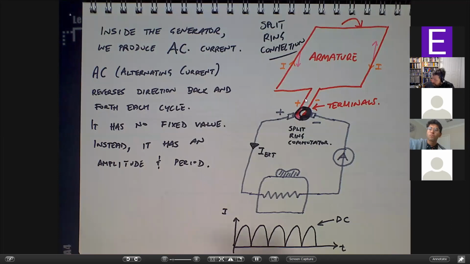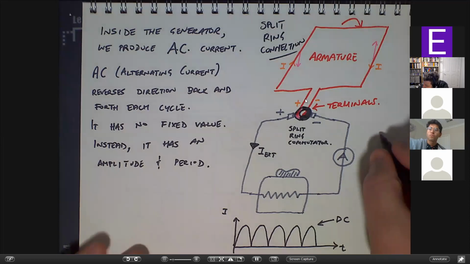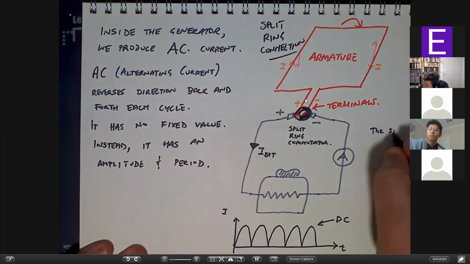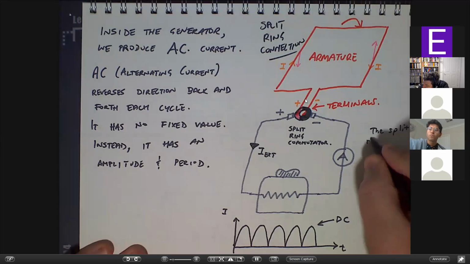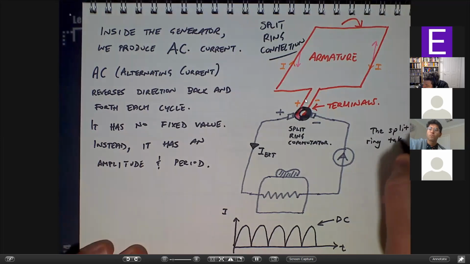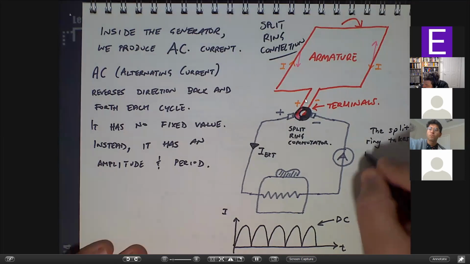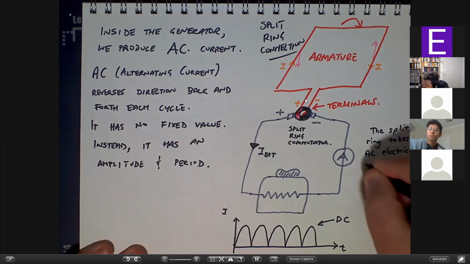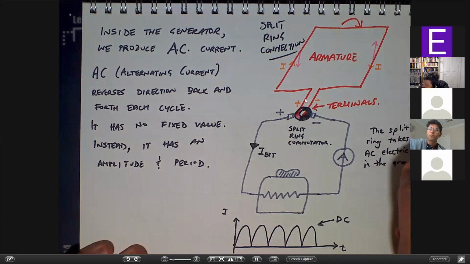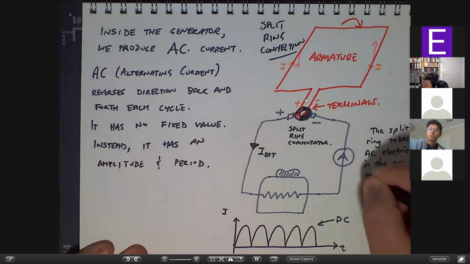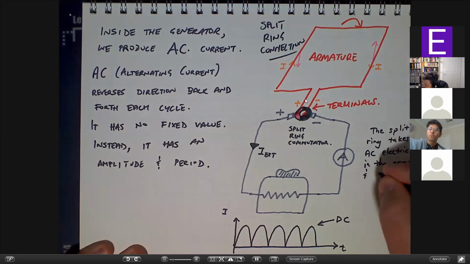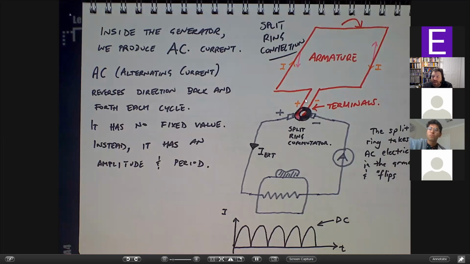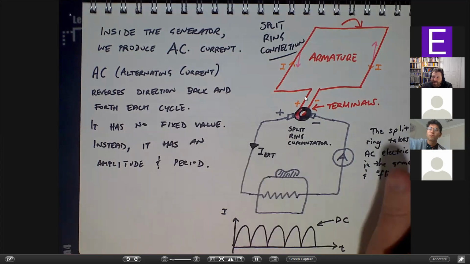Okay, let me quickly just write what this split ring commutator does. The split ring commutator takes the AC electricity in the armature and, there doesn't seem to be a good formal wording for what the split ring thing does.